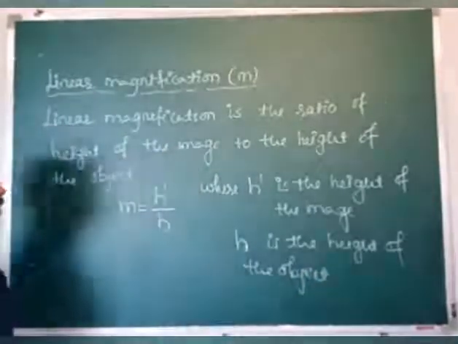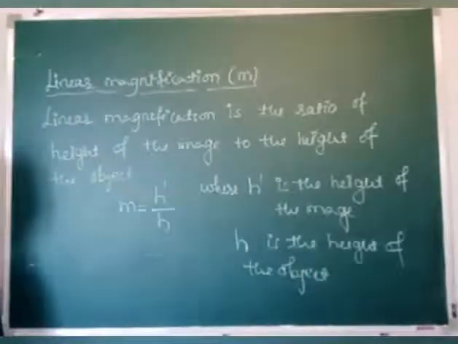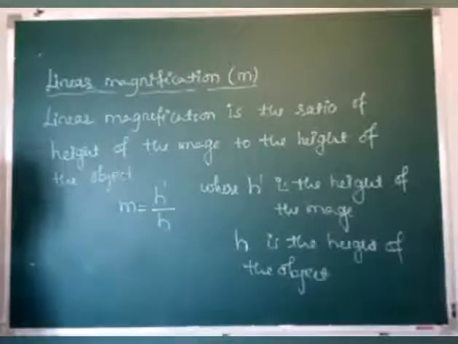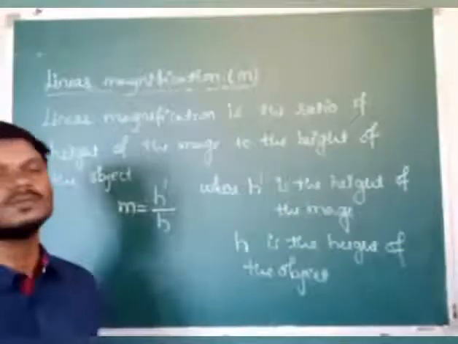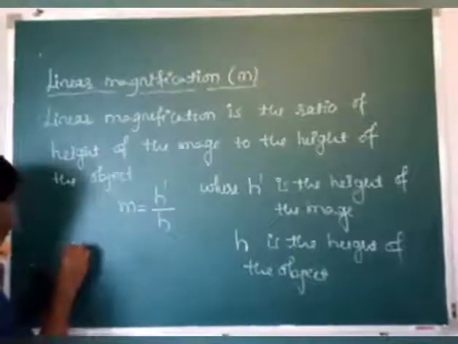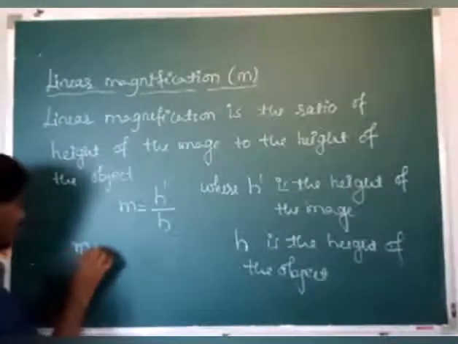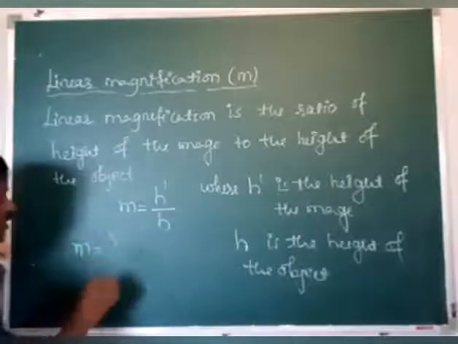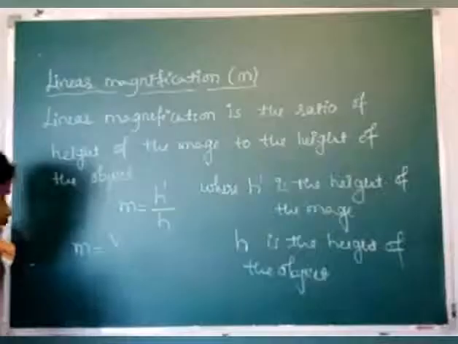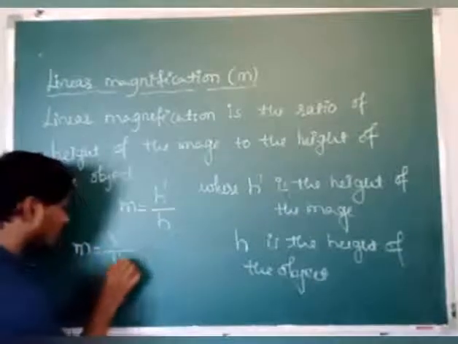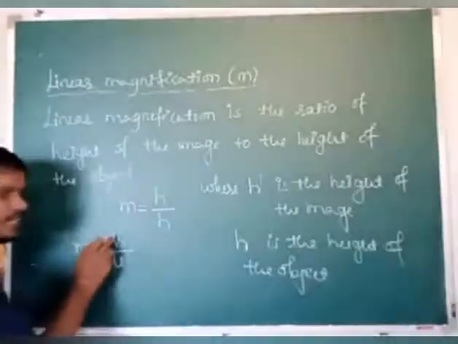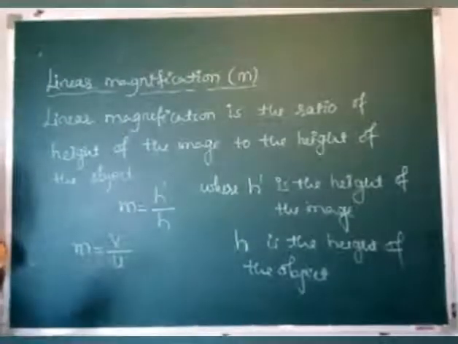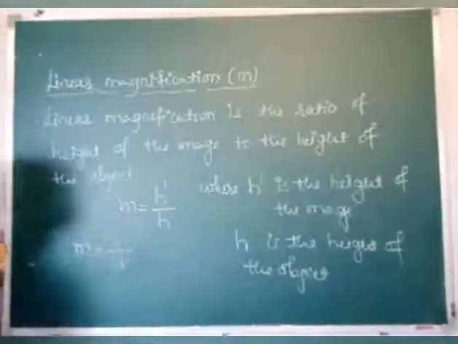So there is another way to define the linear magnification. What is another way here? Linear magnification is the ratio of image distance to the object distance. Image distance can be denoted by v, and the object distance is denoted by u. What is v here? V is nothing but the image distance. What is u here? The object distance.